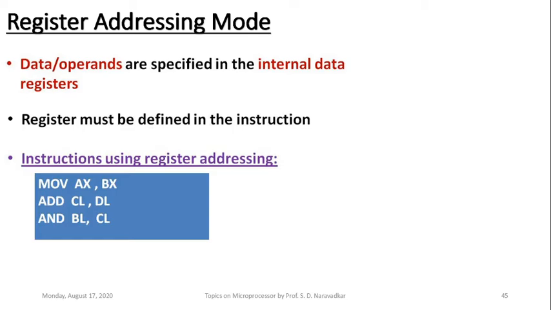Similarly, in the third example, AND BL, CL, operands are taken from BL and CL register, and then bit by bit AND operation is performed. So in each of these examples, the operands are defined in general purpose data registers inside 8086 processor. That's why all the instructions are exhibiting the register addressing mode.